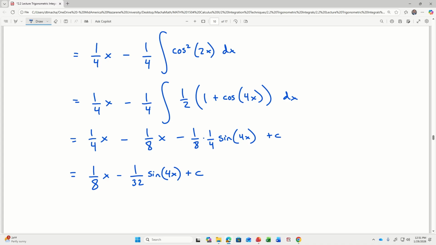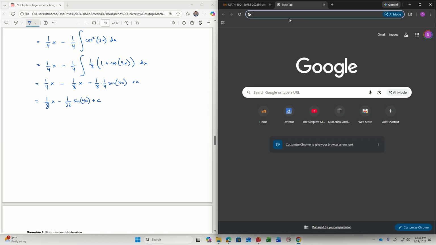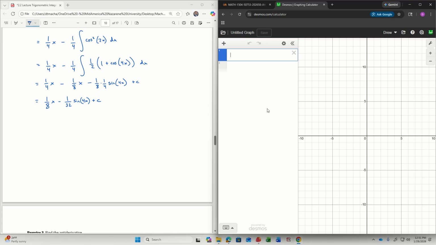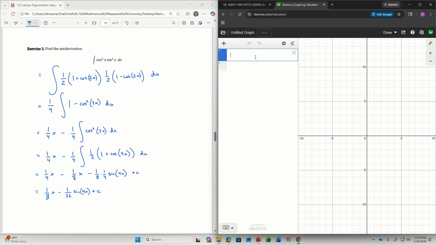To double check, I'm going to use Desmos, because that might be a little bit faster than checking my answer by hand. And so what I'll do is I'm going to plug in the first case, y equals the integral from 0 to x of cosine squared t.